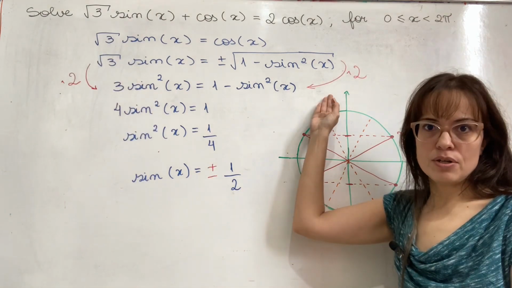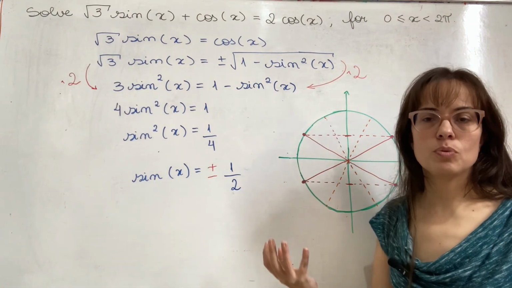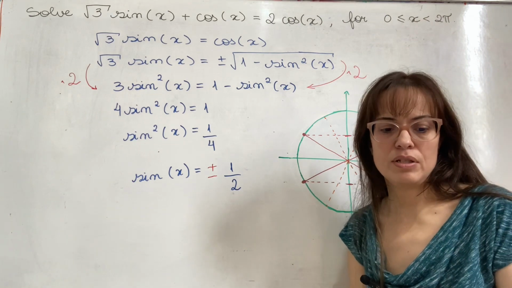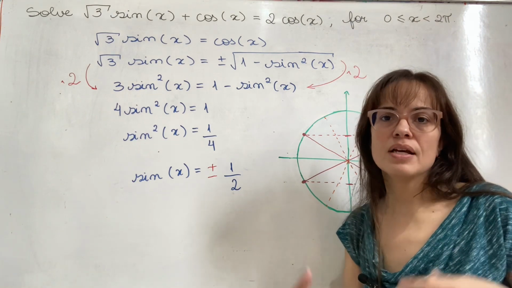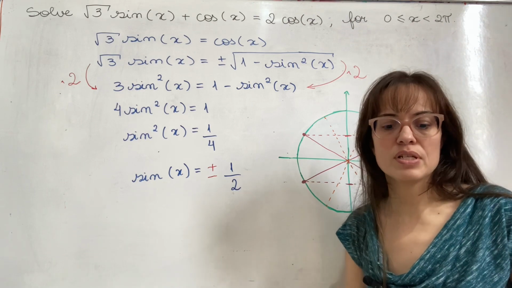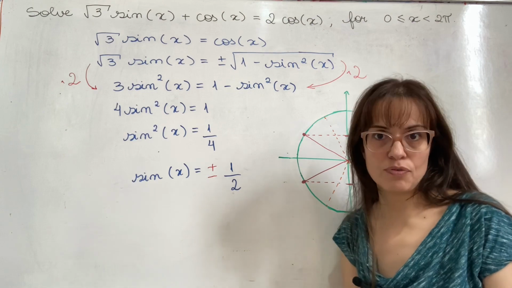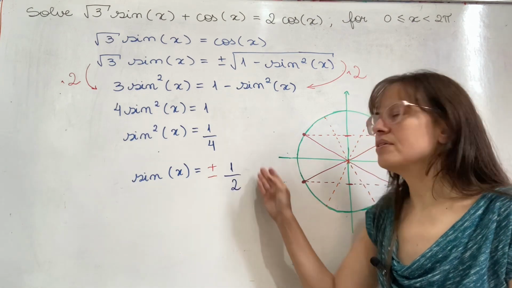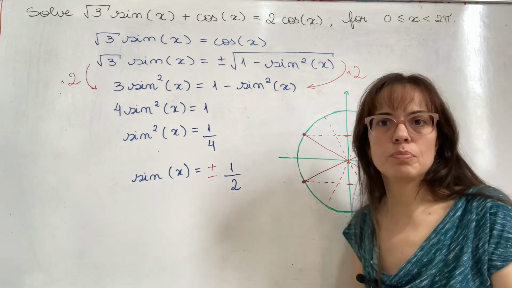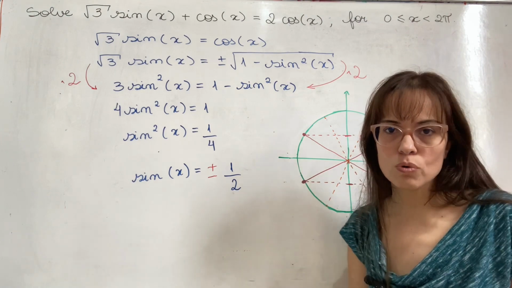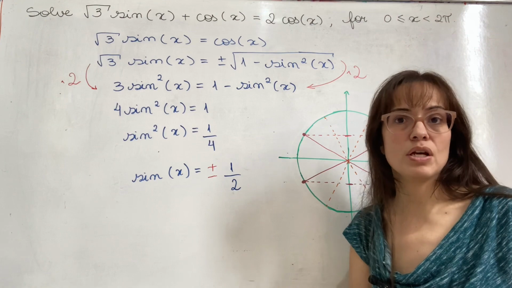And the problem was here on this step. One of the steps that we made in solving our equation was raising both sides of the equation to the power of 2. And that is something that we can do. It's doing the same operation on both sides, but it's one of those that we have to be careful when we do. Just like taking the square root, you have to be careful by putting the plus or minus. It turns out that squaring both sides is also something that you have to be careful with.